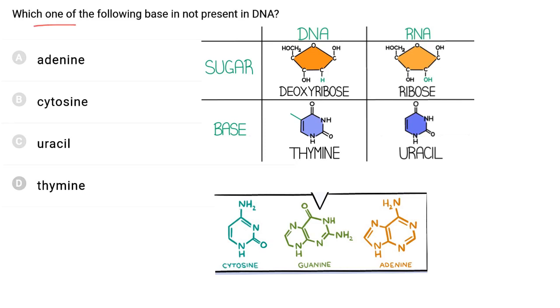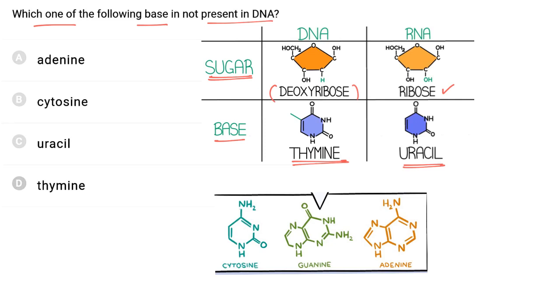Which one of the following bases is not present in DNA? Now in DNA and RNA there is one difference, the sugar. In DNA deoxyribose sugar is present, while in RNA ribose sugar is present. In bases, both have cytosine, guanine and adenine, while the fourth base, thymine, is present in DNA, while in RNA uracil is present.